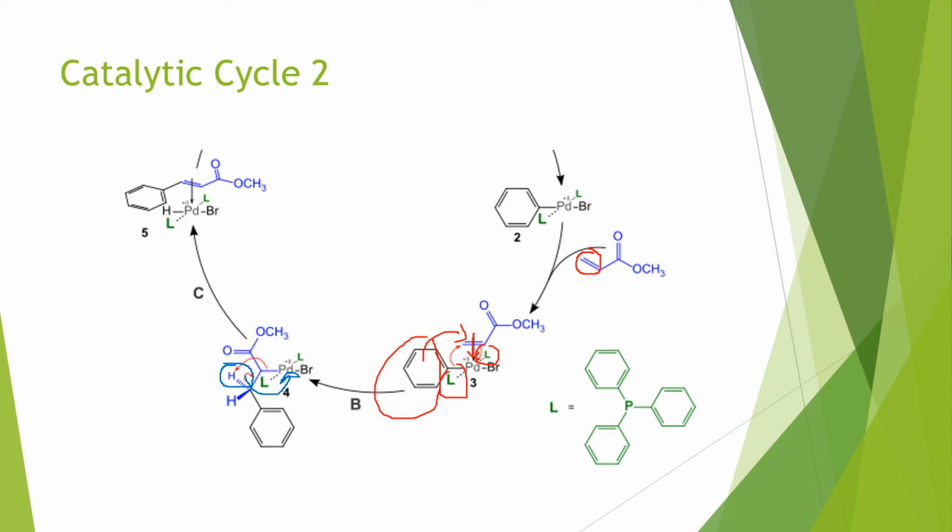In this process, the alkene is formed, but it is bonded in the previous step through that carbon there. But you can now see this hydrogen has attached itself to that palladium.